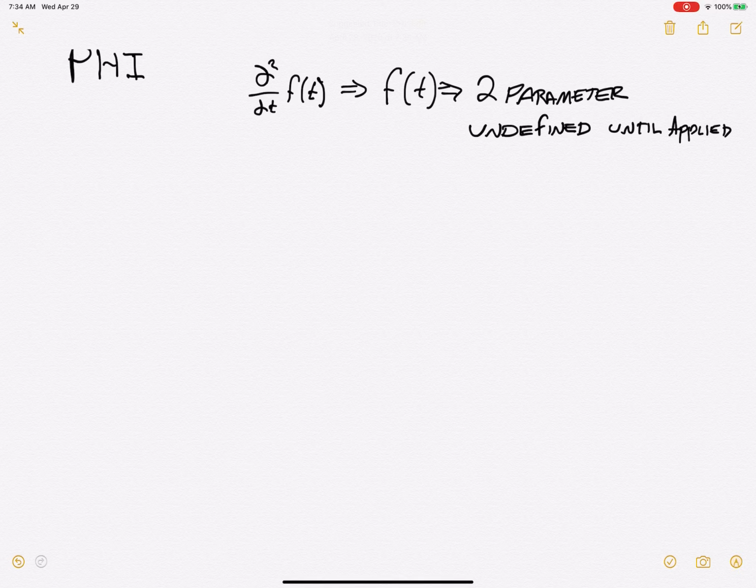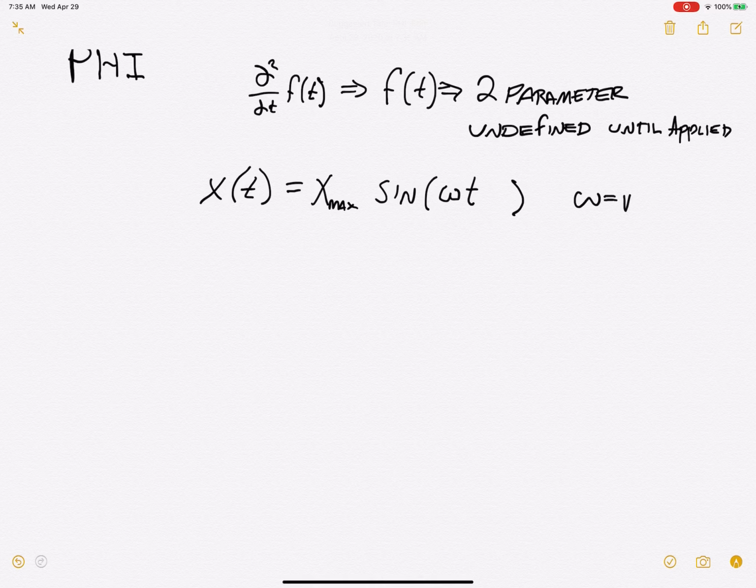Okay, so let's take that into the concrete. We found that x of t was equal to x max sine of omega t, when omega was equal to the square root of k over m.